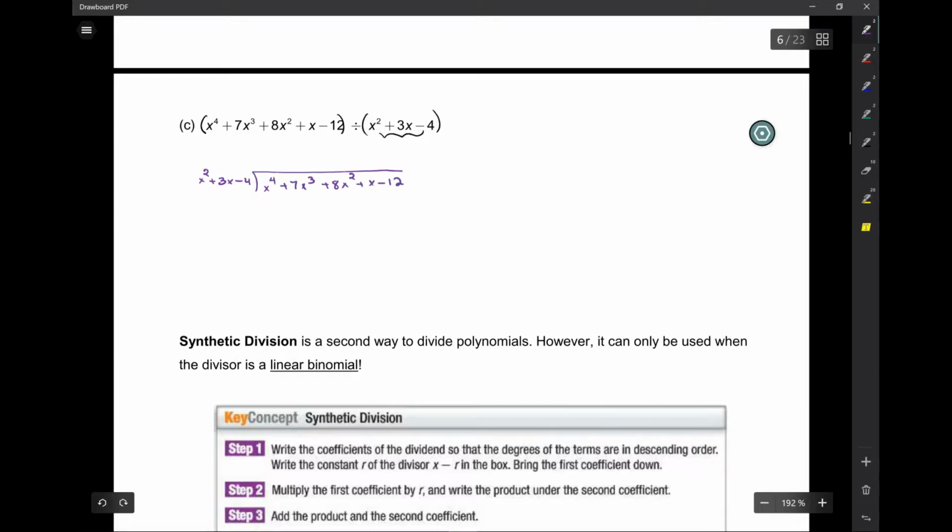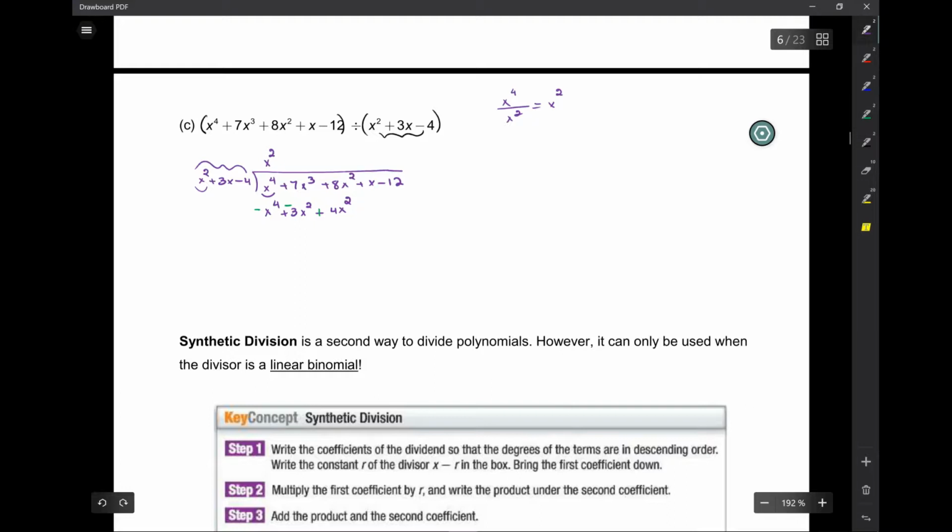Okay. Again, first term divided by the first term gives you x squared. Now, we're going to multiply this entire thing by x squared. So we're going to get x to the 4, minus 3x cubed, minus 4x squared. Change the signs.